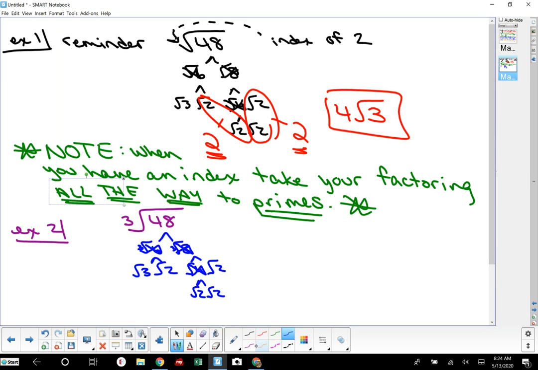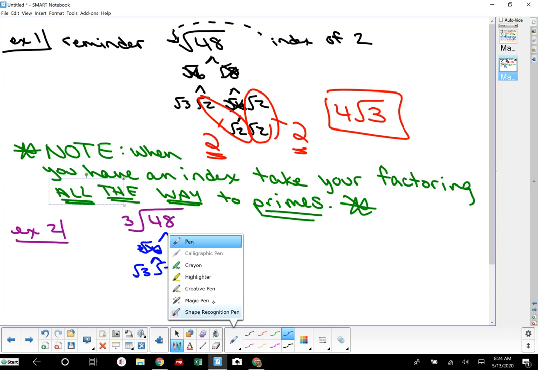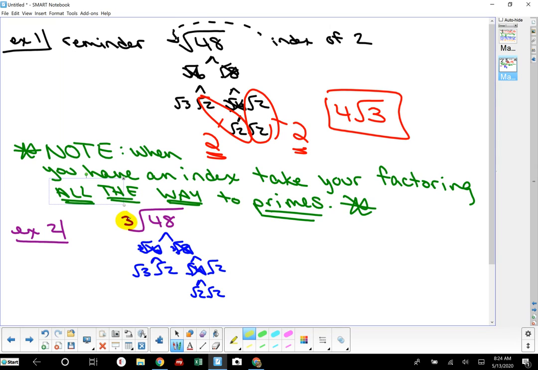Now, I'll use a highlighter here. Because the index is 3, you need to group 3 of the same number together. So 1, 2, 3 of them will give me a 2 as a result outside of the radical. Okay, anything left over will get multiplied just like it did before.